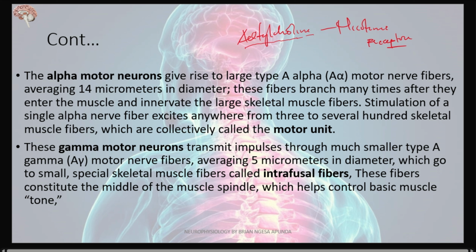So, type A gamma motor nerve fibers, averaging around 5 micrometers in diameter, go to small special skeletal muscle fibers called the intrafusal fibers. This is where you anticipate the muscle spindle. The muscle spindle just represents the anatomical arrangement of how this receptor is likely to look.